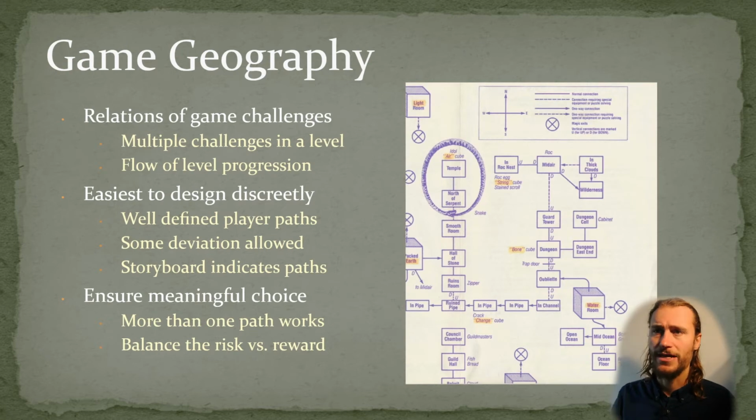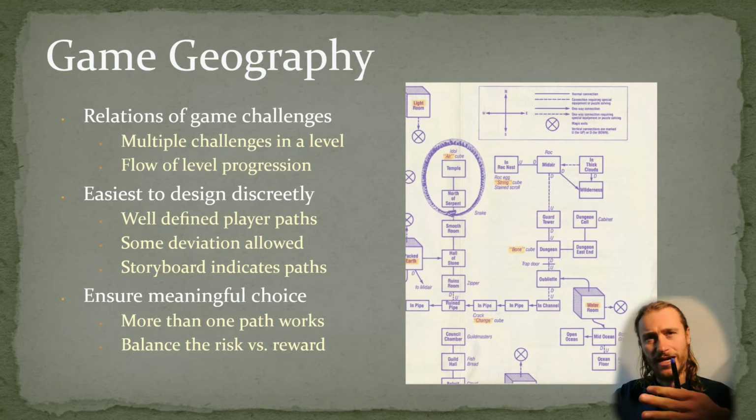Also, what I mentioned before is the relationship of game challenges, so multiple challenges in a level, and the flow of the level progression is very important to place down in a player path, a well-defined path. There's some deviation allowed, but most of the time it comes back to the main path, right?